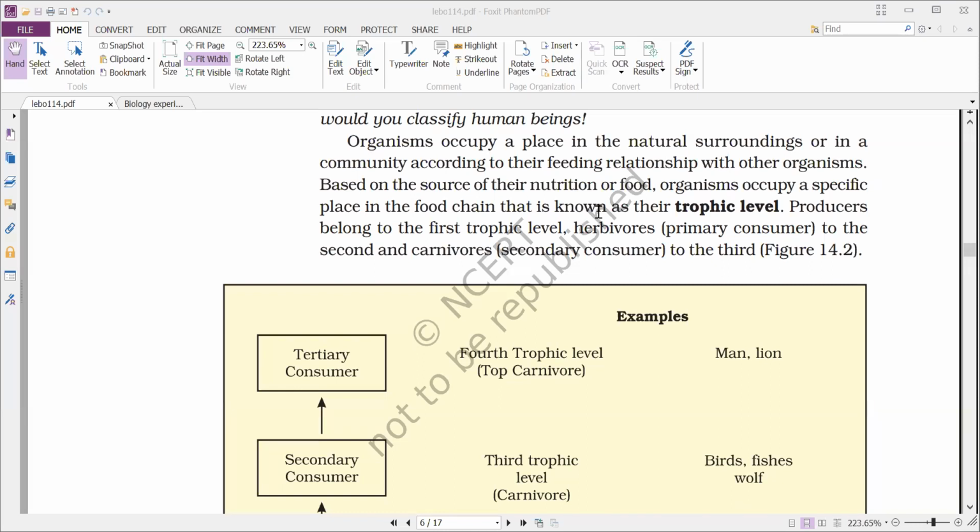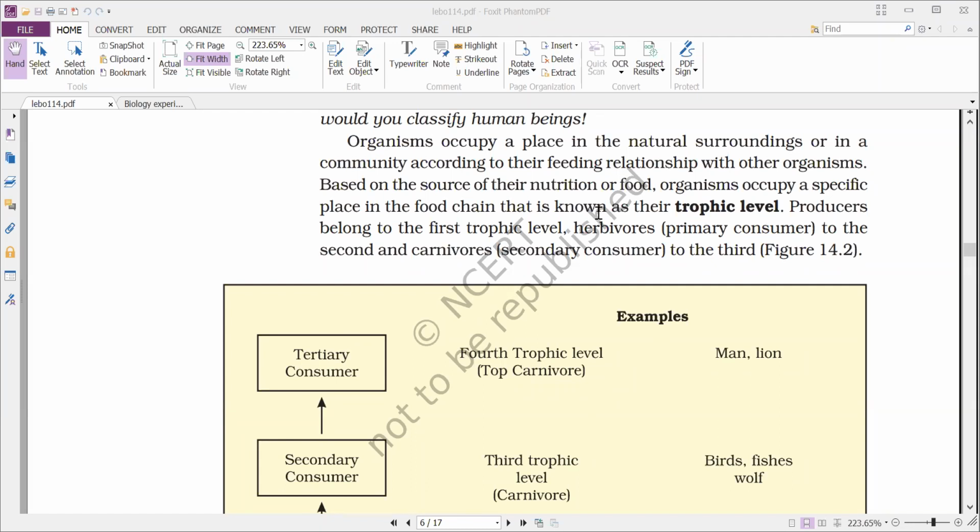That means based upon the feeding habit of an organism, whether it will feed on plants, or on an animal, or on other animals, all the organisms are differentiated into different trophic levels. If an organism is feeding on a particular food material, based on that, they are placed in different trophic levels.